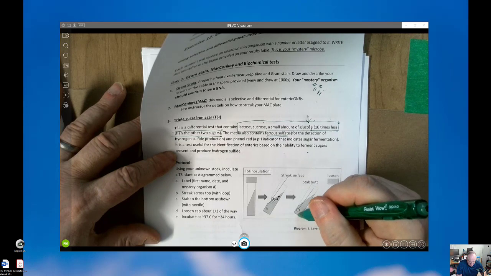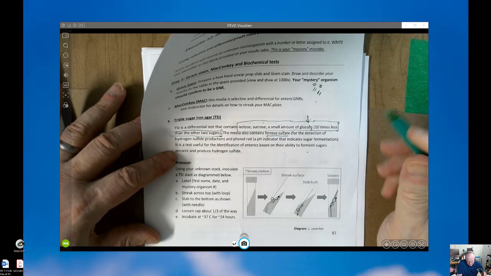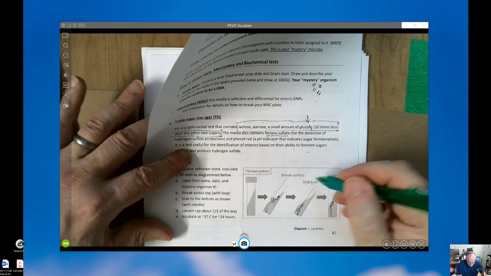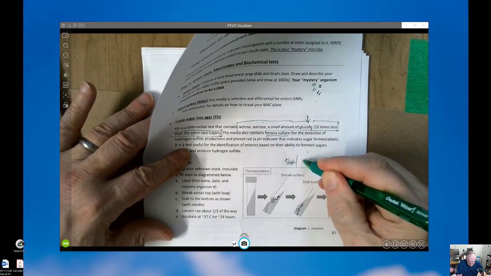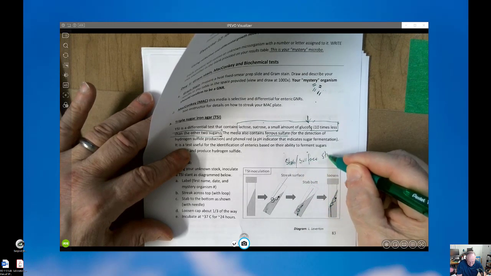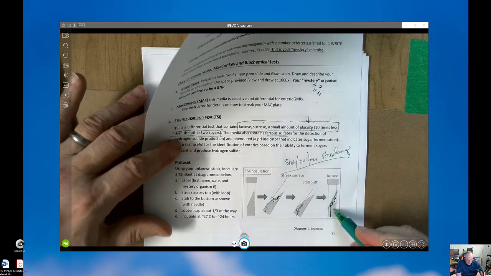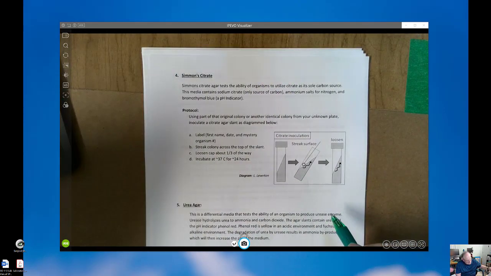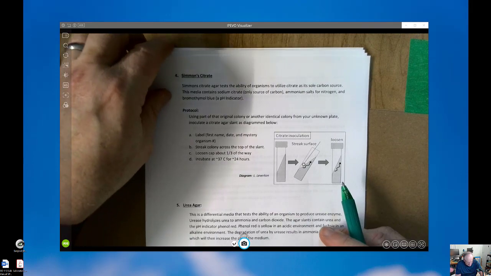That way you're distributing some bacteria in the bottom down here, and also on the surface of the slant, so there's a stab component to it and a surface streak. That's important. That way we'll properly inoculate the tube, and that is for the triple sugar iron.